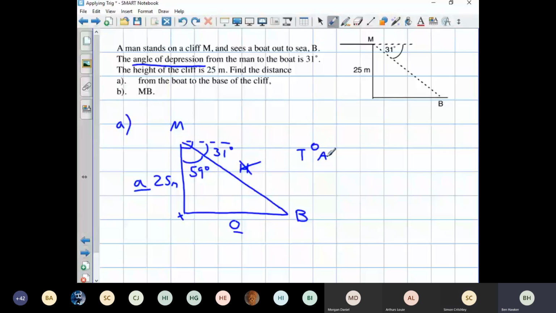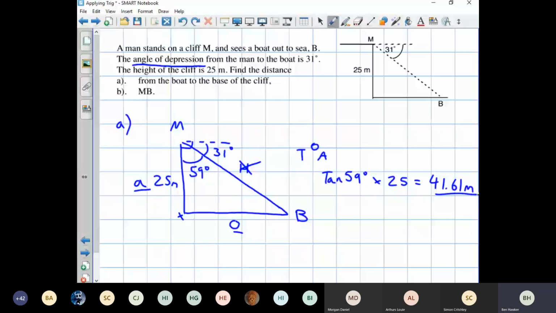If we're trying to find the opposite, then we are going to do tan of 59 degrees. Again, I'm using 59 degrees, I'm not using 31 degrees, multiplied by the adjacent, which is 25. And that gives me an answer of 41.61 meters.